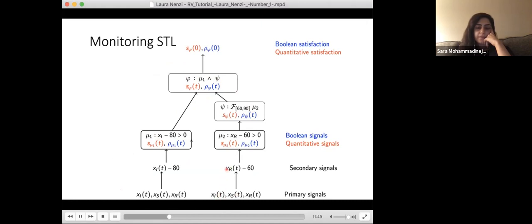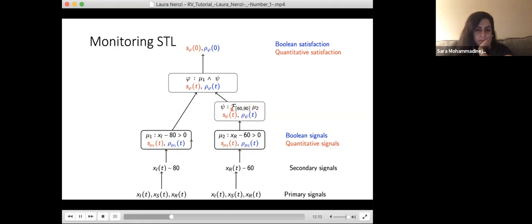So you start with your trajectory, you evaluate the atomic proposition and you compute the secondary signal, and from this you compute at each node of the tree a specific operator, for which there is a specific algorithm.